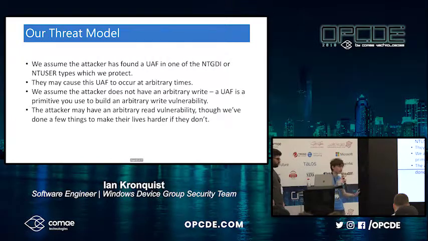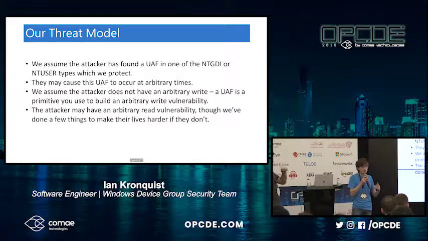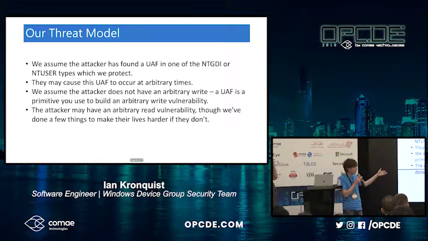So when we go ahead and design a mitigation, we need to think about what the attacker knows and what the attacker can do. And in this case, we assume that the attacker has found a use after free in one of the Win32k objects, which we protect. And they can make this use after free occur at arbitrary times.